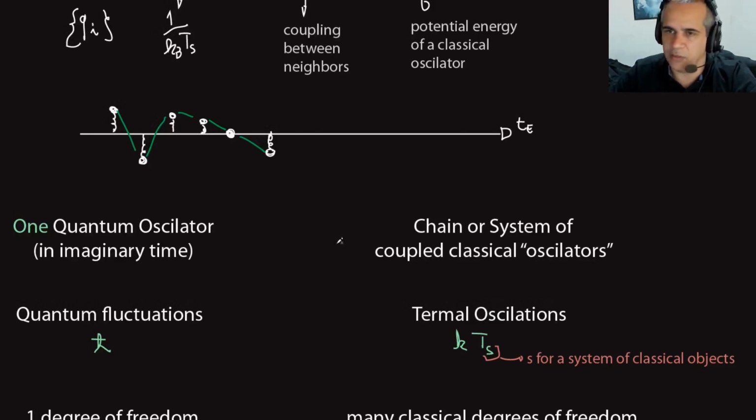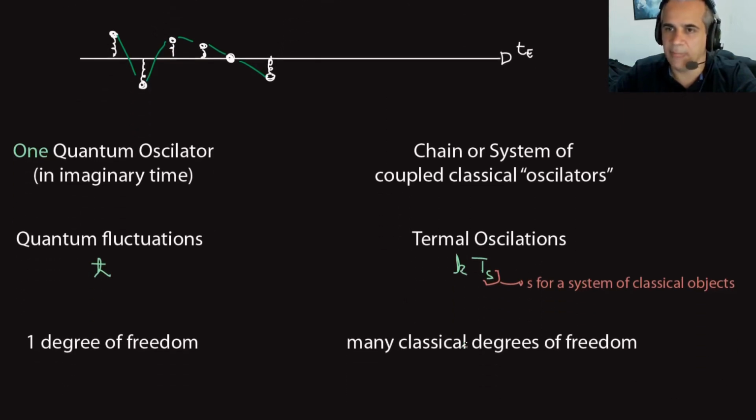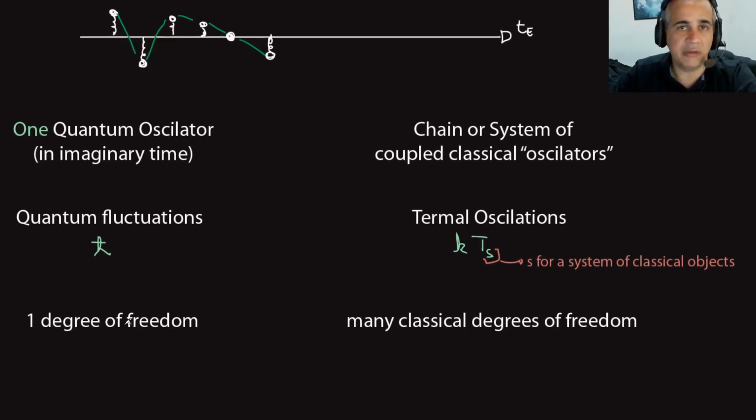And now it's clear why I call this TS, because this is really a system of classical objects, right? On the quantum side, you have just one degree of freedom, it's just one particle, one oscillator, and you end up with many degrees of freedom on the classical side. But also we have just seen that this oscillator in Euclidean time is a way to describe a finite temperature quantum system.